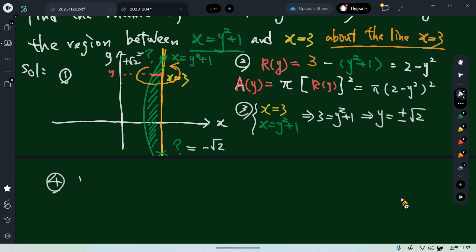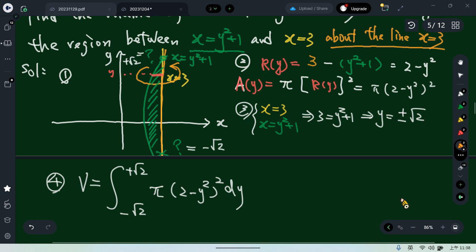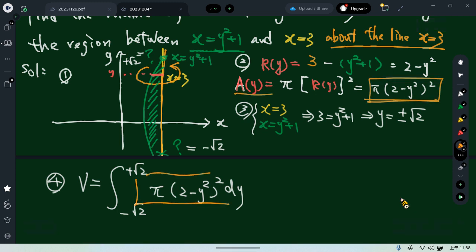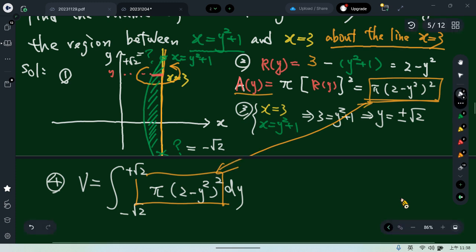The volume is equal to the integral of pi times this, because we already know each cross section. You can simply do it by yourself.